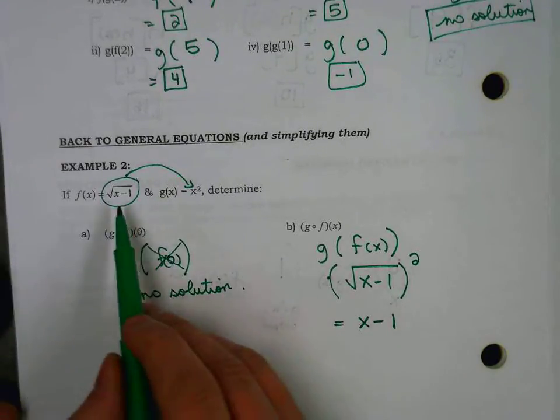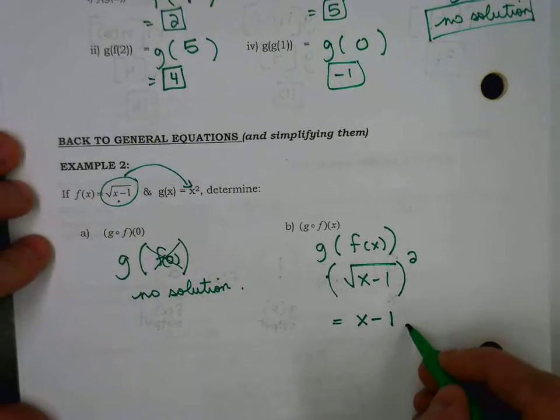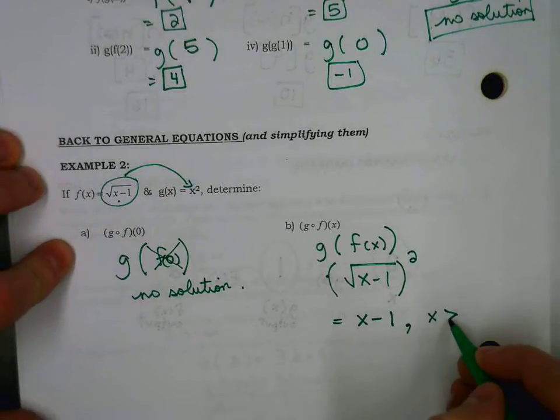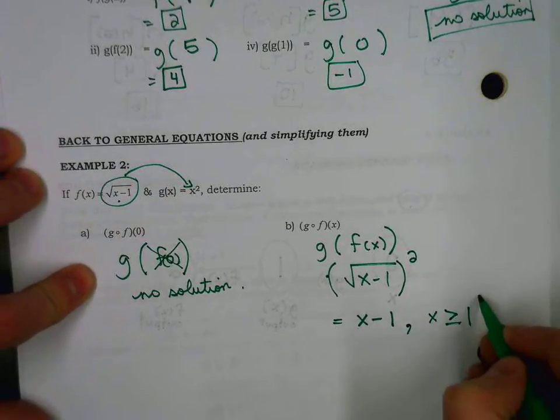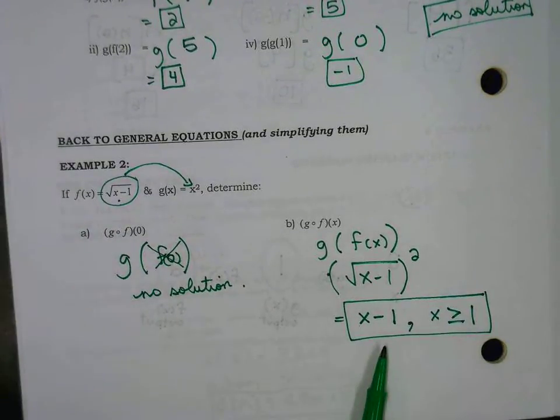The initial domain said x has to be greater than or equal to 1, and that must stick. So even though in its current form anything could get plugged into x, the original domain is still implicit in the question.